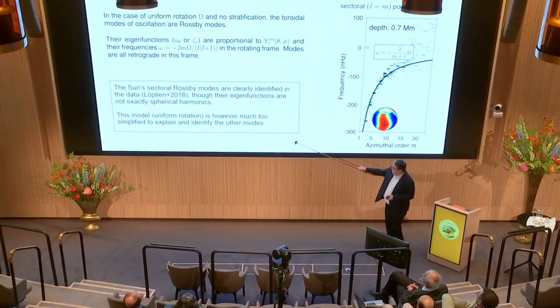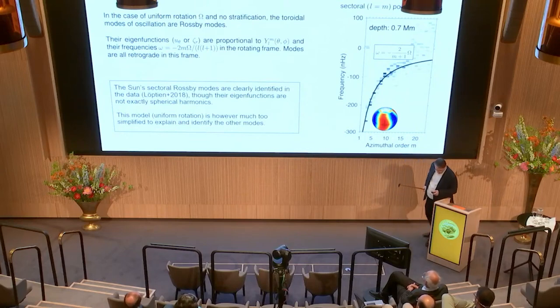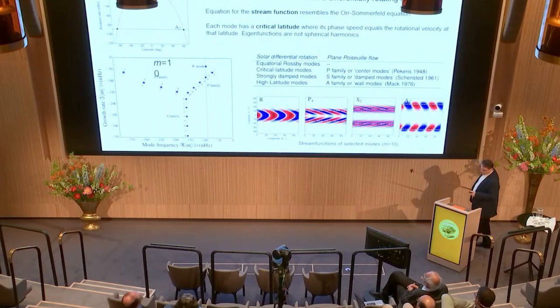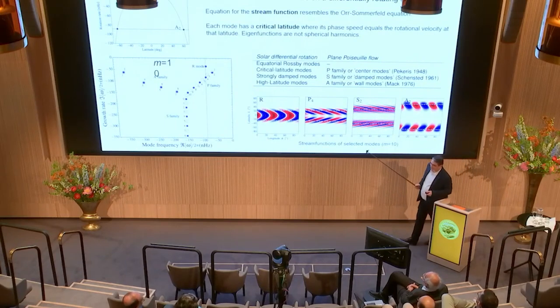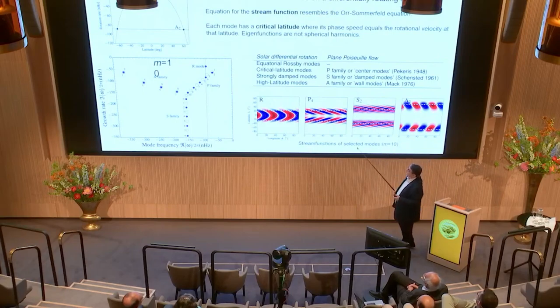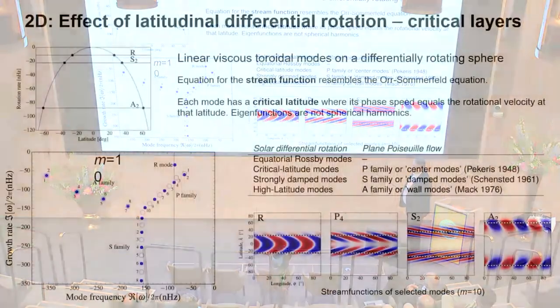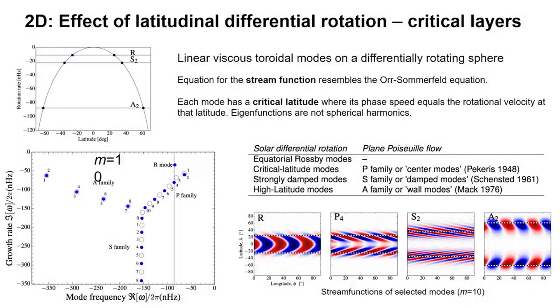The assumption of uniform rotation, however, is much too simplified to explain and identify the other modes. So the next step that we've done in the analysis is to take into account latitudinal differential rotation. The sun rotates more slowly at higher latitudes than at the equator. And in this particular study, we started with a 2D problem, looking for purely toroidal modes on a differentially rotating spherical surface.